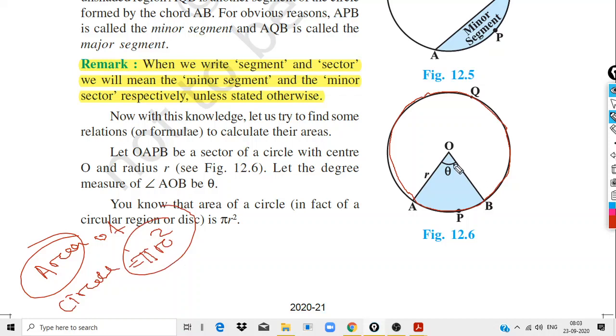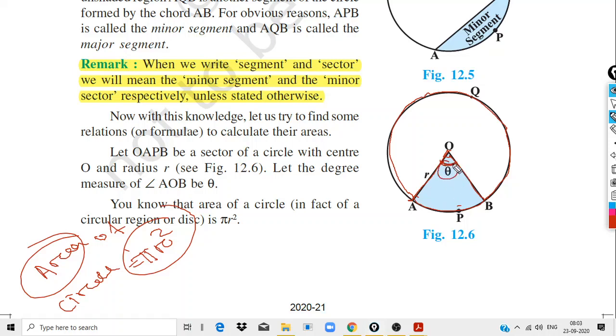Suppose we want to find the area of this portion, OAPB, the shaded portion only. So how can we find it? We have to find the angle of this sector.